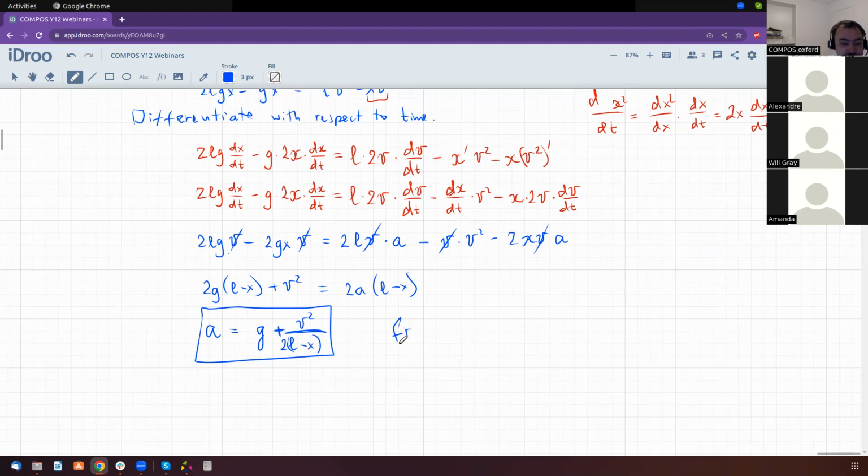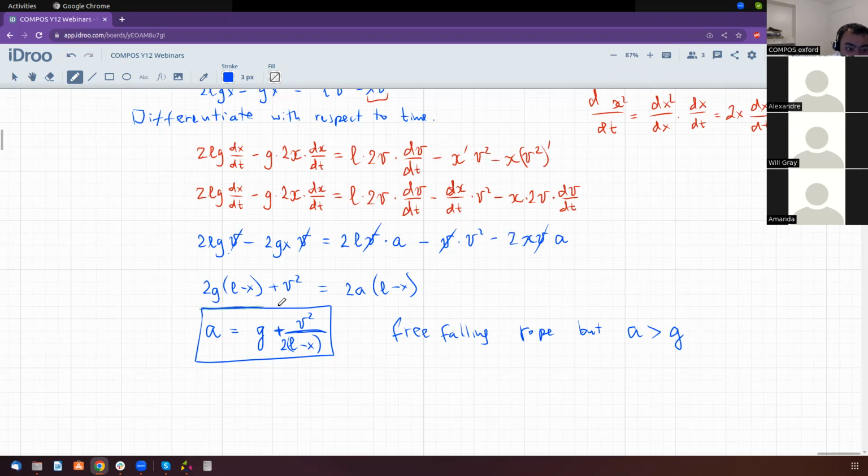It is faster than g. Free falling rope, but acceleration is greater than g.